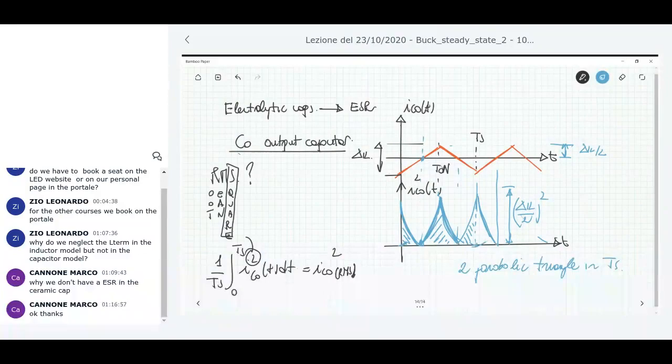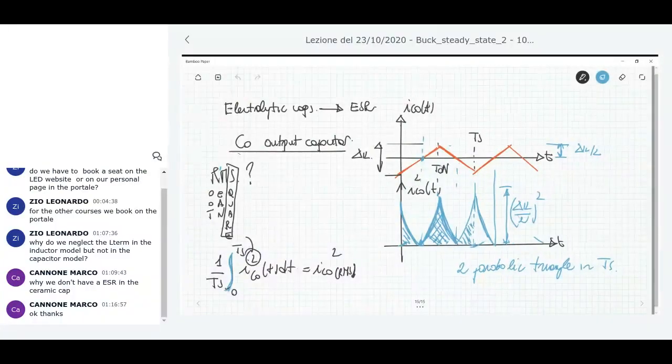Then I have to get the integral of this squared value. In order to get the integral of this squared value, you have to compute the area under this parabolic triangle. So how can you get the parabolic triangle area?